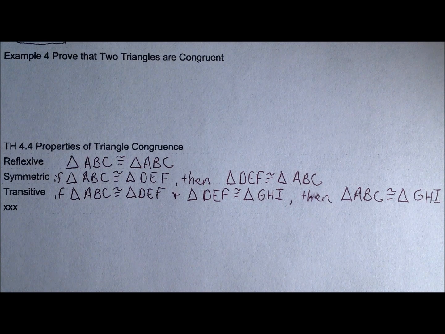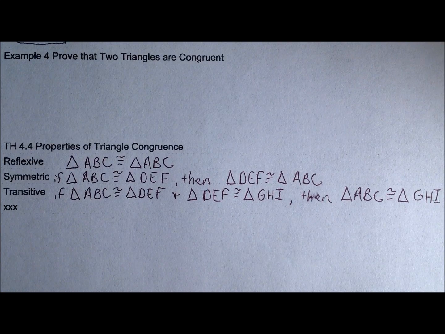The last thing we have to look at for this section are the properties of triangle congruence. We're going to skip proving two triangles are congruent at this time. But our properties of triangle congruence are the same as we saw earlier, back in, I think it was chapter 2, where we have reflexive, symmetric, and transitive. Now this also applies to congruent triangles, as you can see here.